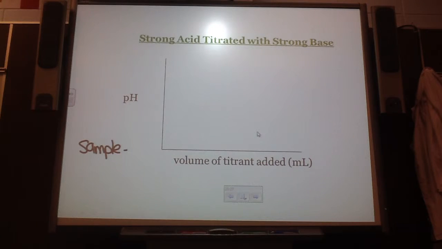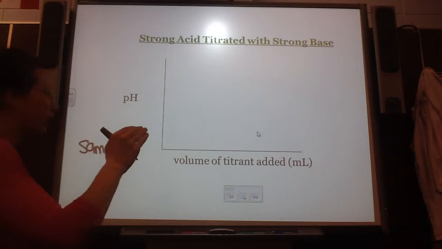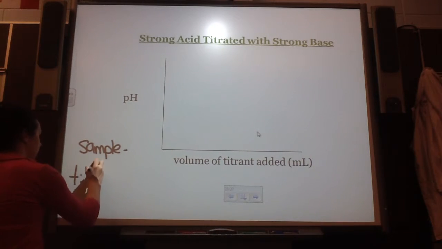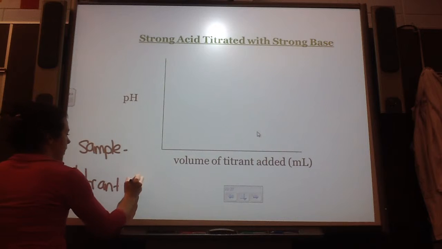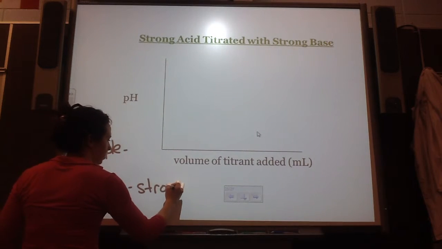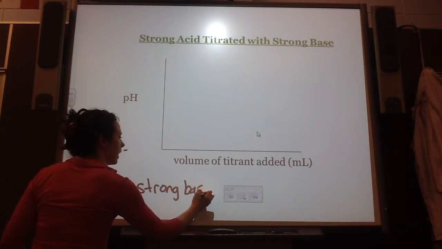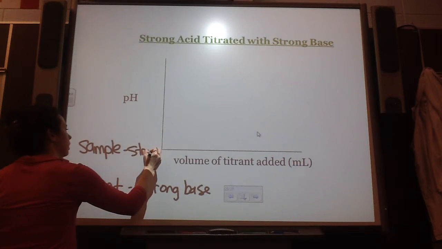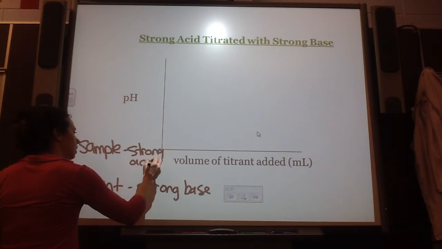That diction indicates that the strong base is the titrant. Okay? Whatever you're titrating it with, that's the titrant. So here we think, okay, our titrant is a strong base, and the sample is the strong acid.